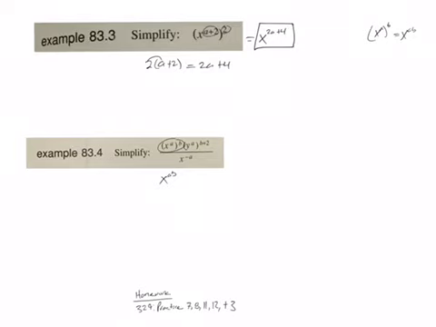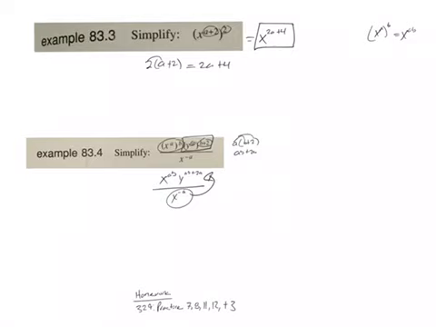And last but not least, this part right here is going to be x to the ab, because remember those multiply. And then this part here is going to be y to the, remember this and this is multiplied, so it's going to be a times b plus 2, which is ab plus 2a. All over x to the negative a. Since it has a negative exponent, I want to pull that up.